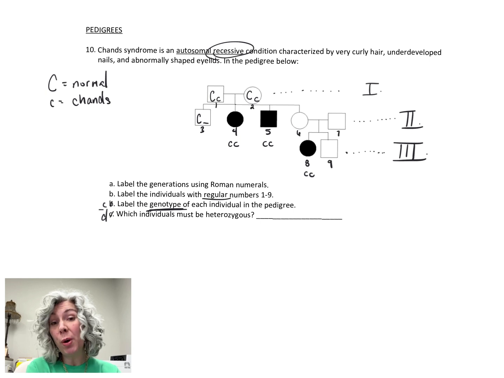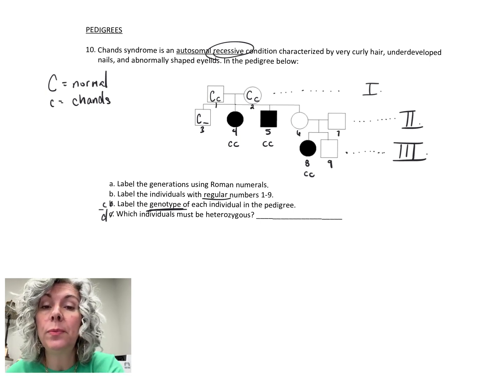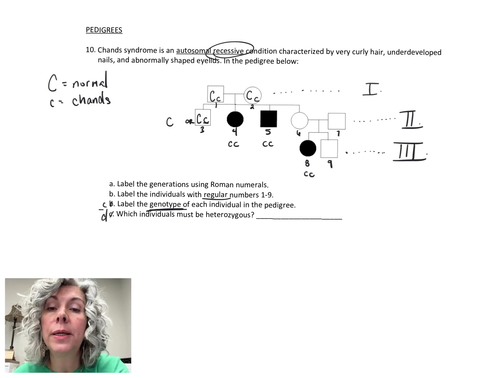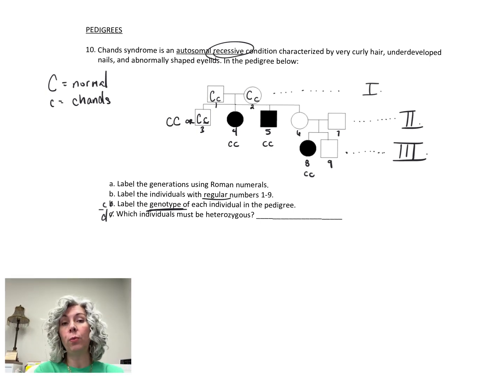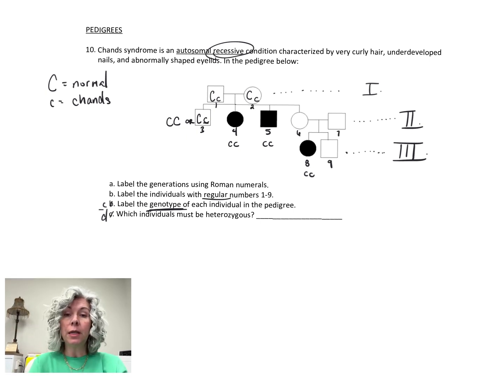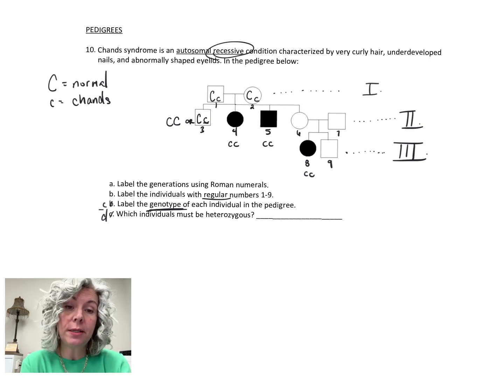Or if you wanted to put both, you could. You could put big C, little c, or big C, big C. Either one. We just don't know. We could look at their offspring when that male marries a female and they have children. But for now, it's not connected. It doesn't have children. We don't know what it is. It could be homozygous or heterozygous. We're not sure.